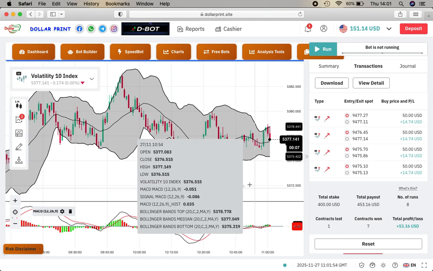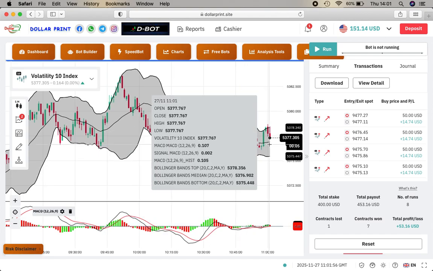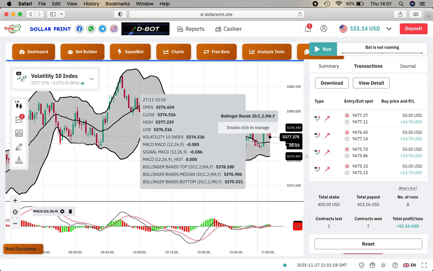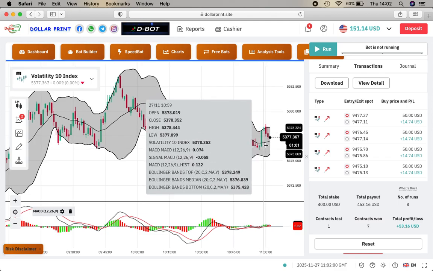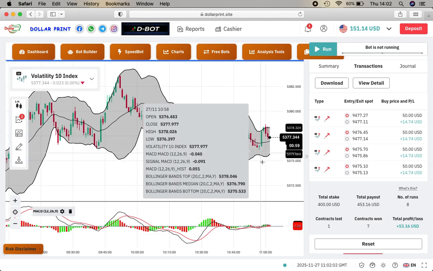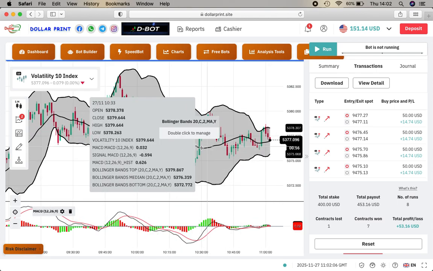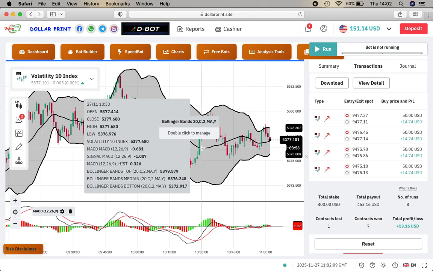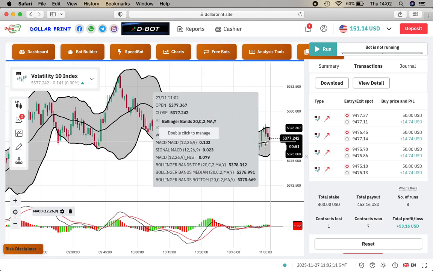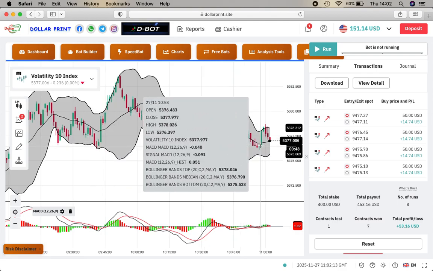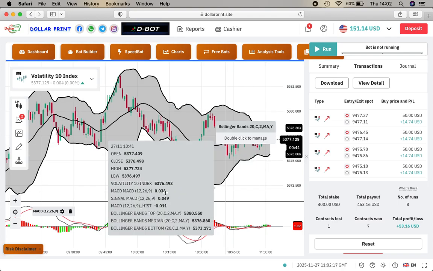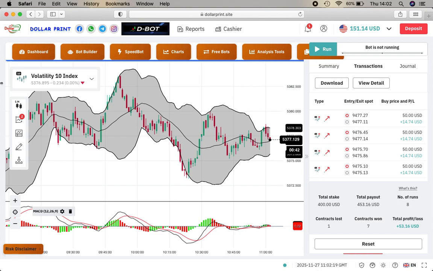So what I really want to explain is that, as you can see, we have another middle band here, which is the moving average. It acts as a resistance area, guys. The market usually reacts on this band. As you can see here, the market is not moving downward or upward, it's just there in the middle.